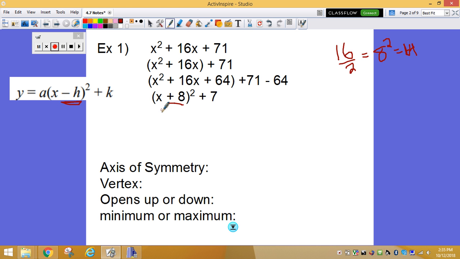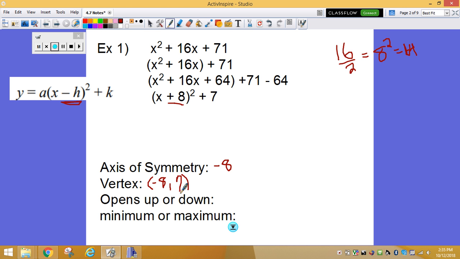So to change that minus to a positive, that means it would actually have to be a -8, right? Because minus -8 would change it to a plus. So your axis of symmetry is at x = -8. Your vertex, remember your axis of symmetry is the first number in your vertex. And then the number here, your k, is the y of your vertex.